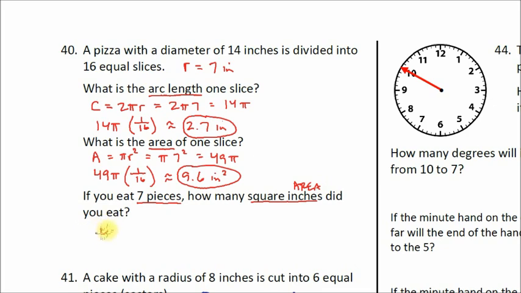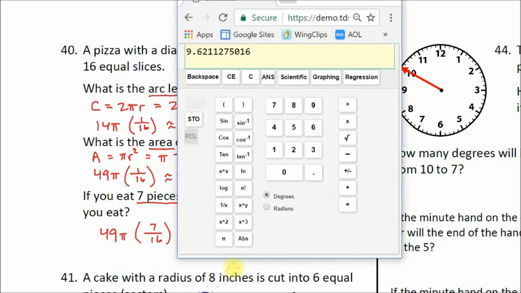That means I'm going to take my total area, which we know is 49 pi, but now instead of eating 1 piece out of 16, I want to eat 7 pieces out of 16. And let's put that in our calculator. So 49 pi, and now we want to eat 7 out of 16 pieces.